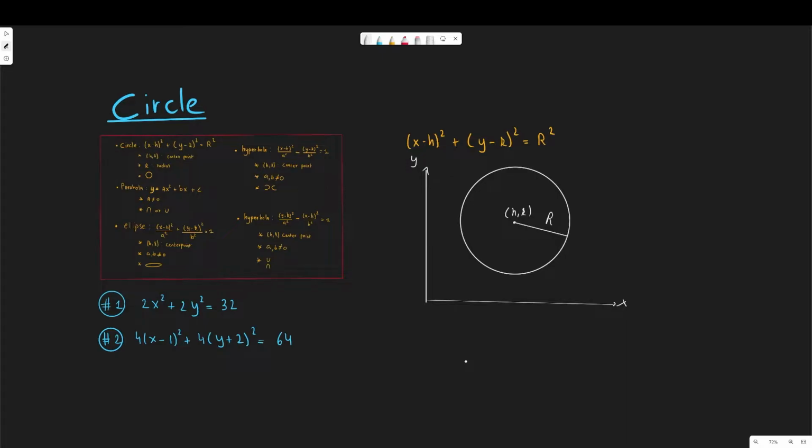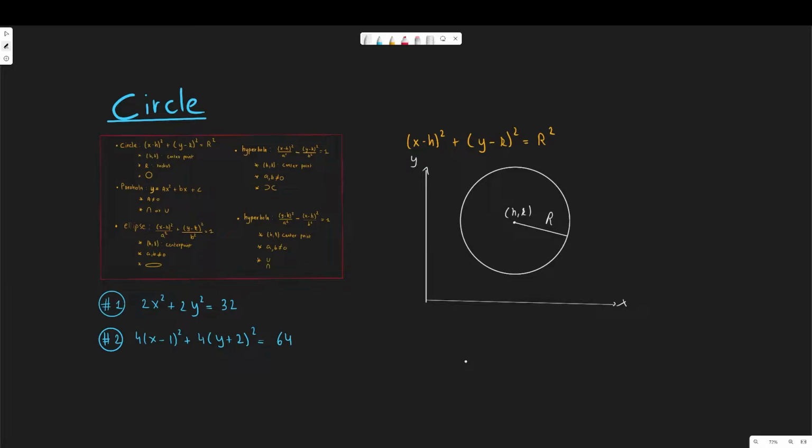We have that 2x² + 2y² = 32. So the first thing you have to notice is that this equation and the standard equation have some similarities but are not in the same form. So we still have to do some type of operations to get it in the standard form.